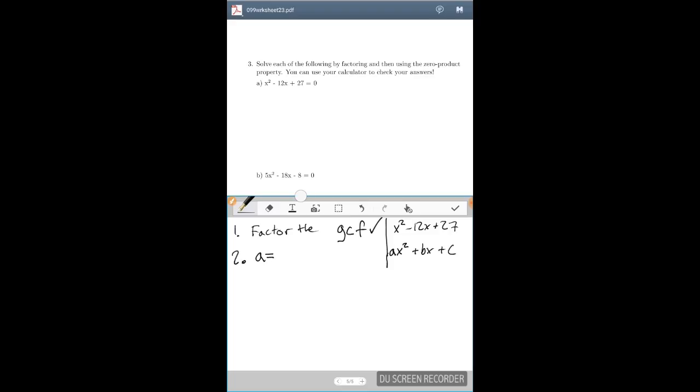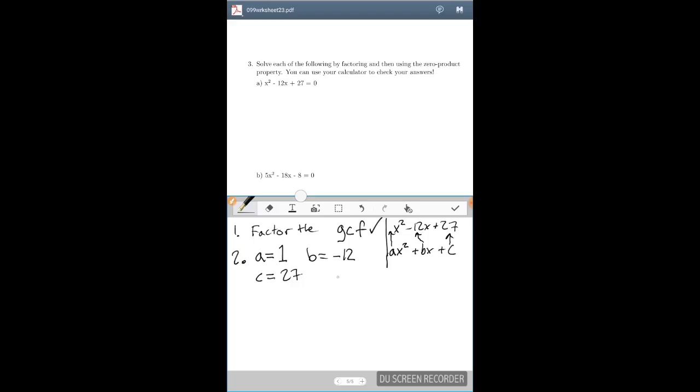In this case, a is going to be 1, because that's the number, even though it's hidden, that's in front of here. B will be negative 12, because again, that's the number in front of here, and we want to keep that negative. And c will be 27. That's the number all by itself with no x friends.